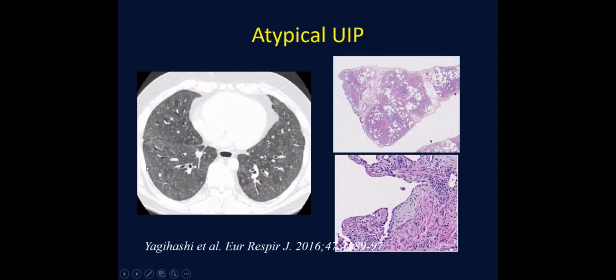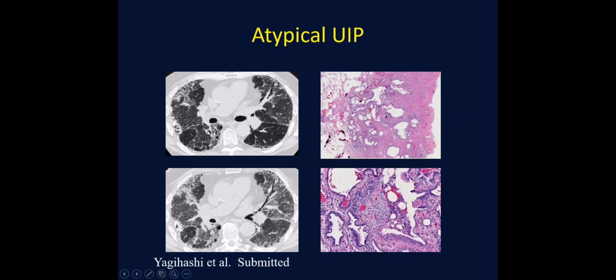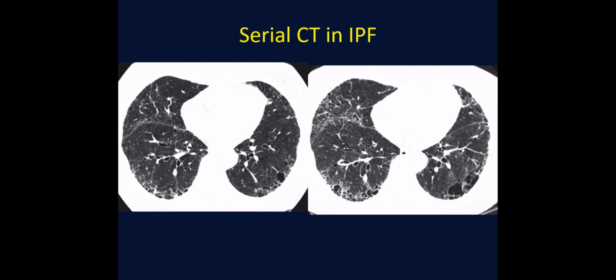Here is such an example, diffuse ground glass abnormality. I would never have called this UIP, but UIP was the confident pathologic diagnosis. Here's a patient with mosaic attenuation, expiratory air trapping, and again, confident histologic diagnosis of UIP. When we have a patient with UIP and we look at serial images, we find progression over time.